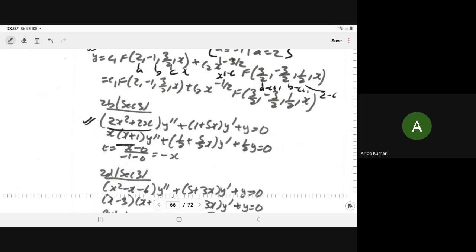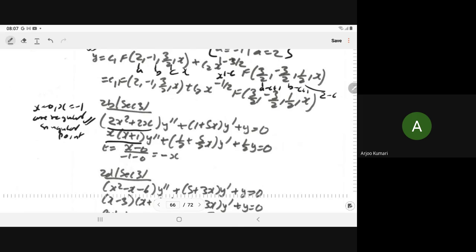From here you can judge that x is equal to 0 and x is equal to minus 1 are singular points. Then you can judge they are regular singular points.